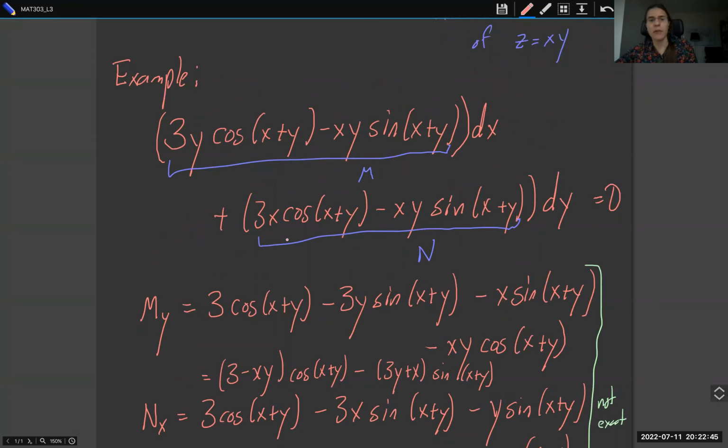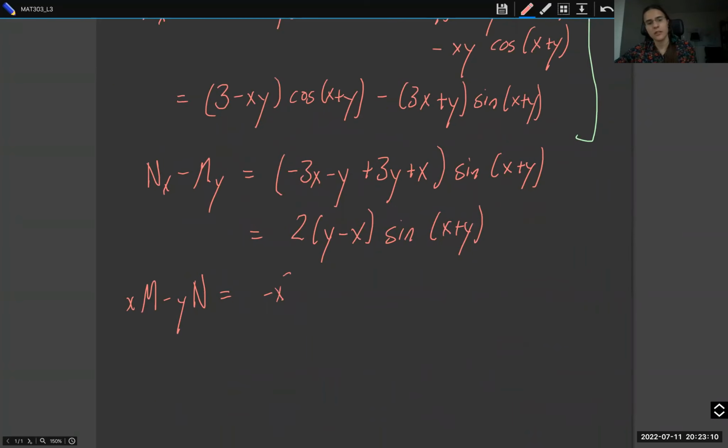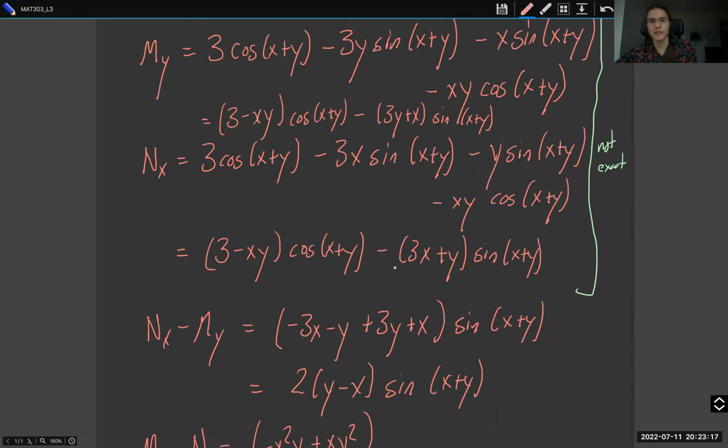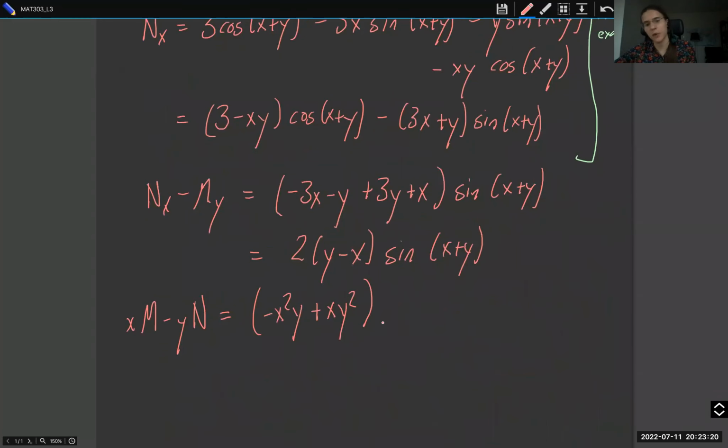And if we multiply this by y, we get 3yx. So these terms are going to cancel out, right? So what's left over? x times m is x squared, y sine xy. And here we have xy squared. So we're going to get minus x squared y plus xy squared, right? Times sine x plus y. That's what we get left over.